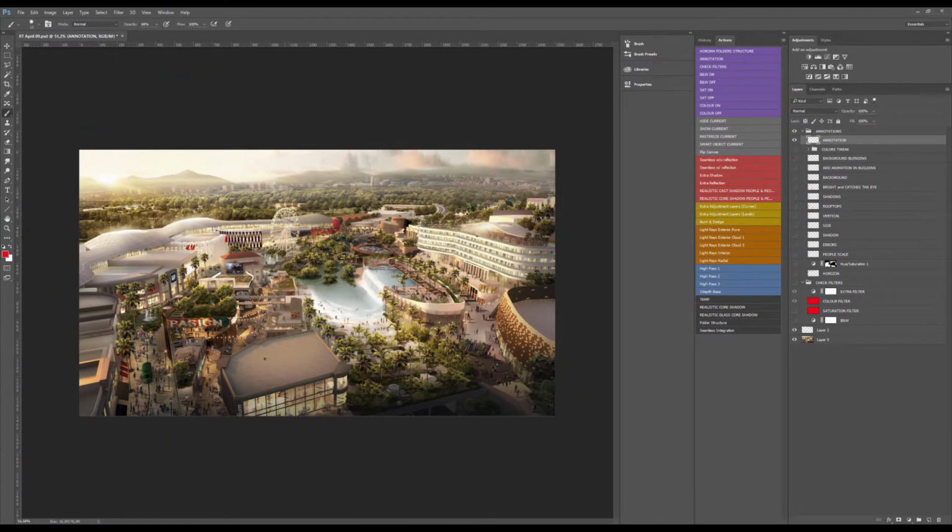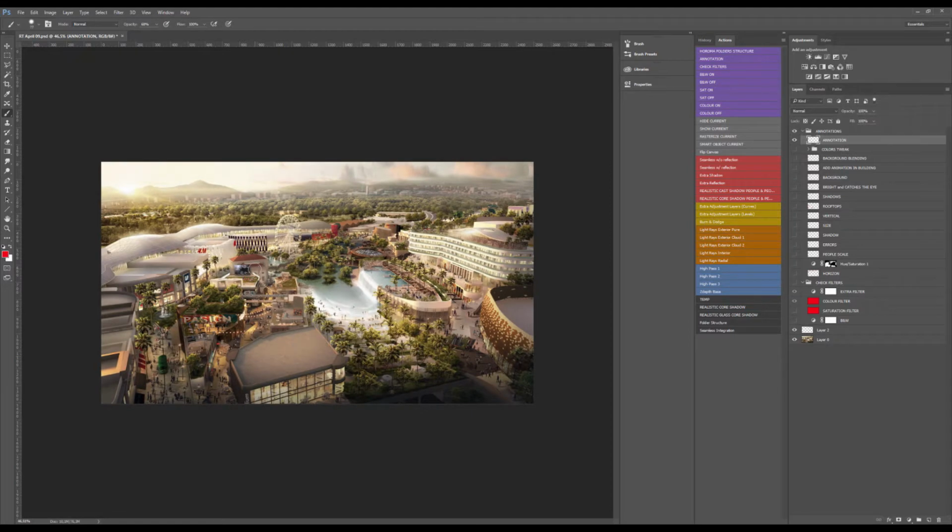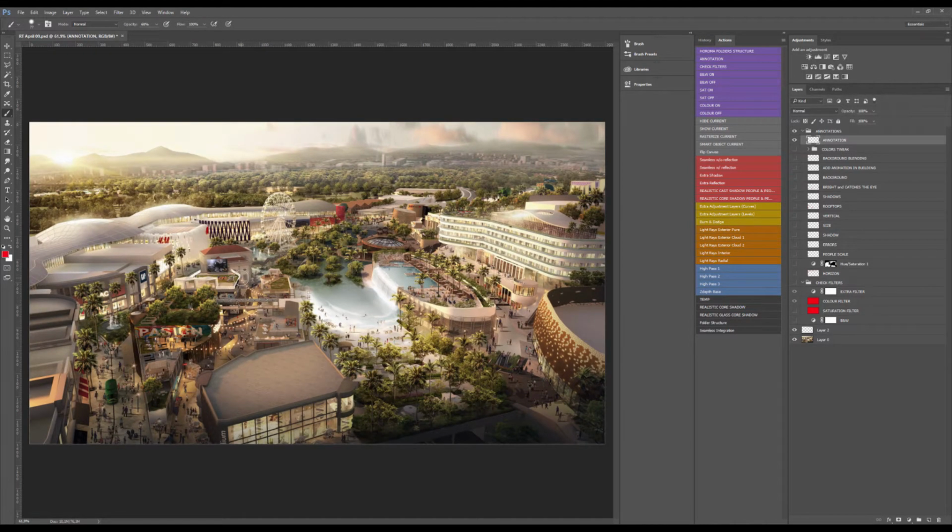In terms of composition, we're dealing with some sort of aerial view. We're not that high, but in terms of height I think we're at the right height, because we have a nice view of the project and a nice scenery in the background.